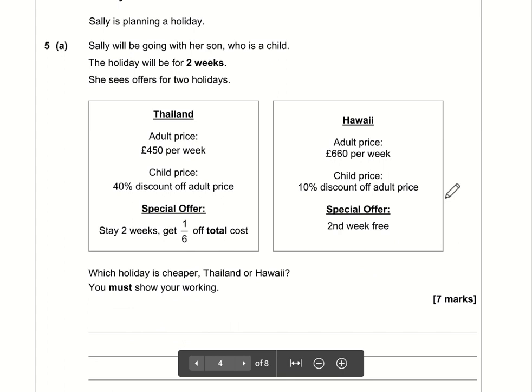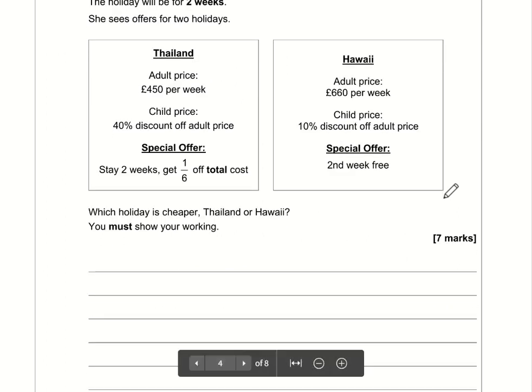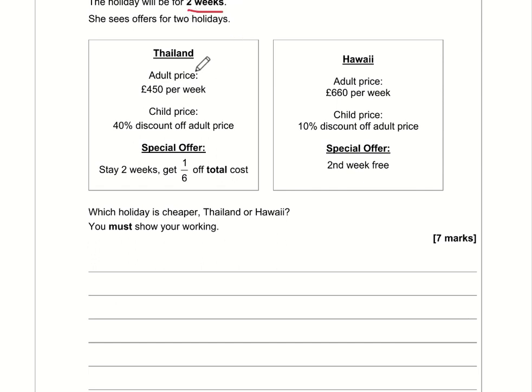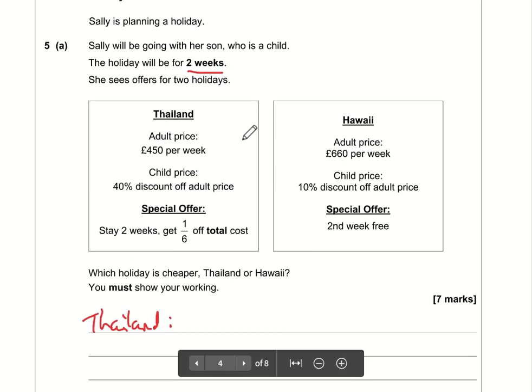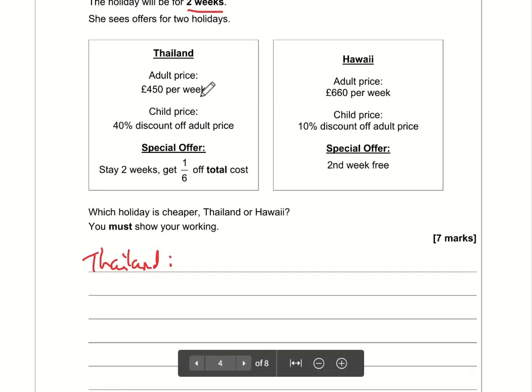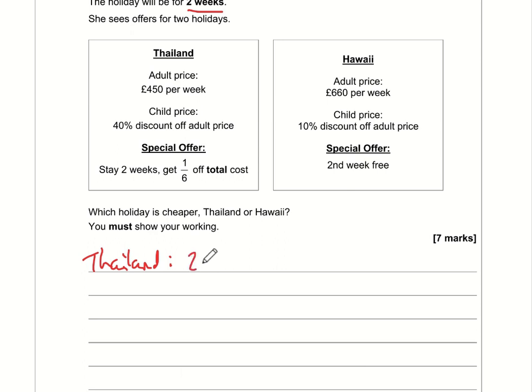Okay, so question 5, we want to work out which is cheaper, Thailand or Hawaii. We know that the holiday is for 2 weeks. So the adult price, let's make a note that this is Thailand here. It's for one adult and one child, Sally and her son. So that's going to be 2 times £450 because it's 2 weeks. So that is £900.